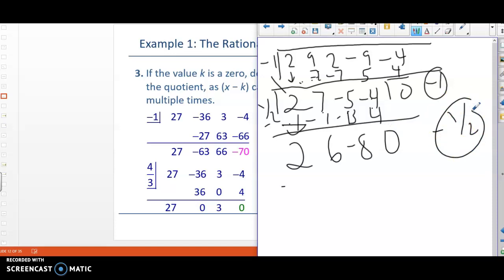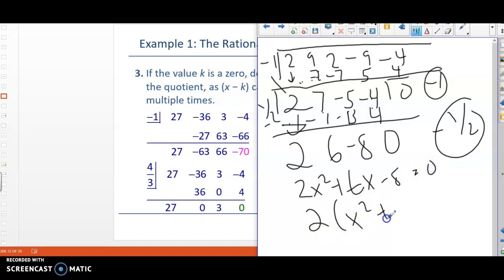And so we have a remaining quadratic. So this is going to be 2x squared plus 6x minus 8 equals 0. We can factor out a 2. We get 2 times x squared plus 3x minus 4.